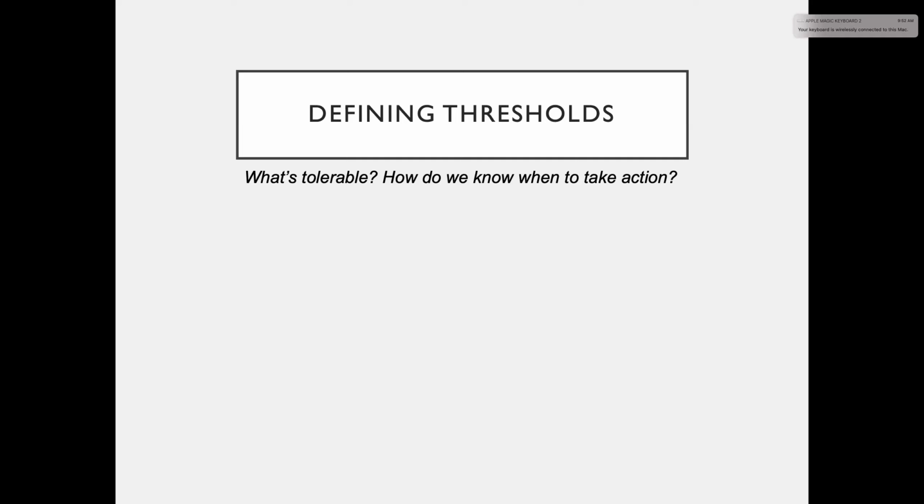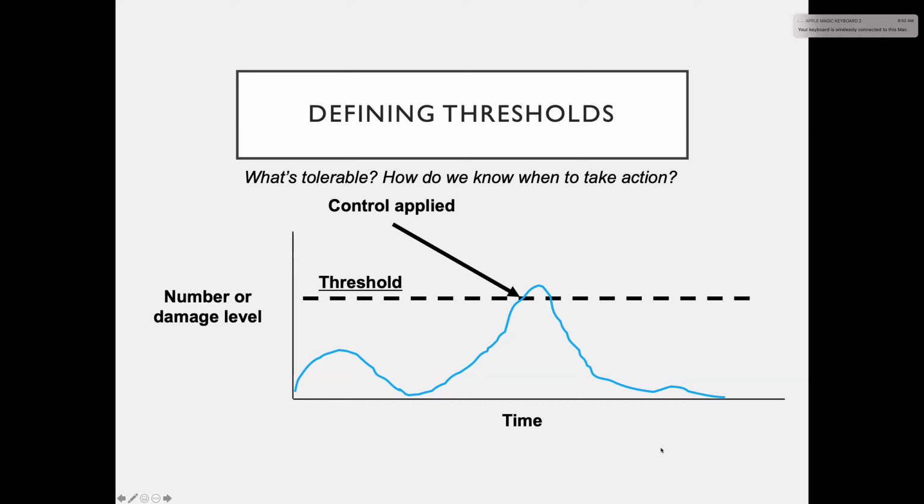And for many pest species, a certain number and a certain amount of damage is going to be totally fine. But there will be some point inevitably that you would have to determine through your scouting protocol and the data that you're collecting that you're going to find it necessary to act to control that pest.